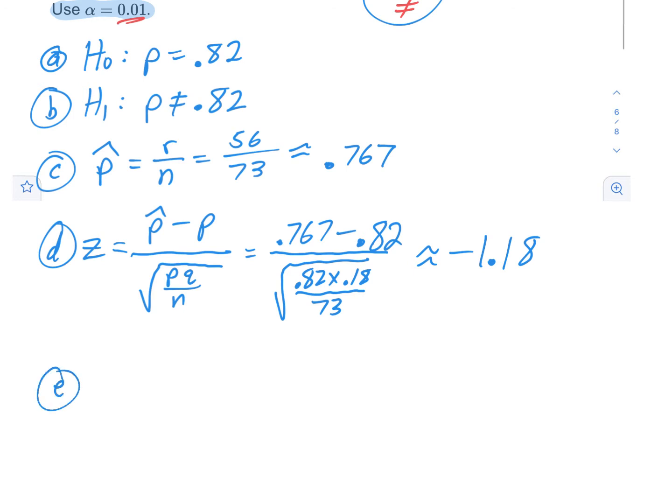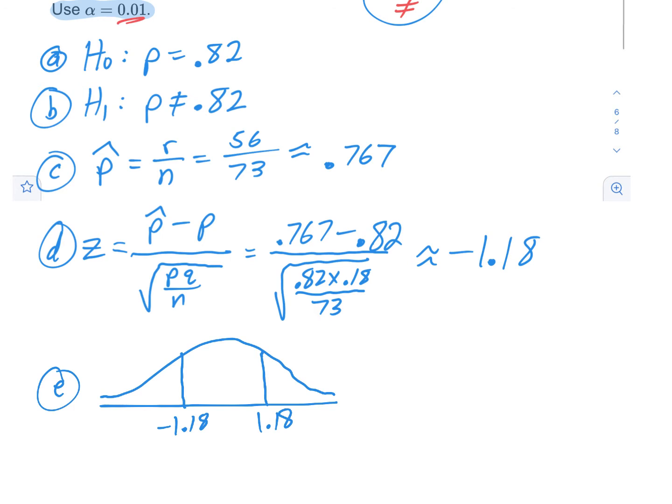Question E, we're going to have to find our p-value. Our p-value is found by drawing a nice little picture of a standard normal curve, labeling about where negative 1.18 occurs. But remember, everybody, if it's negative 1.18 and it's a two-tail, we also need a positive 1.18.